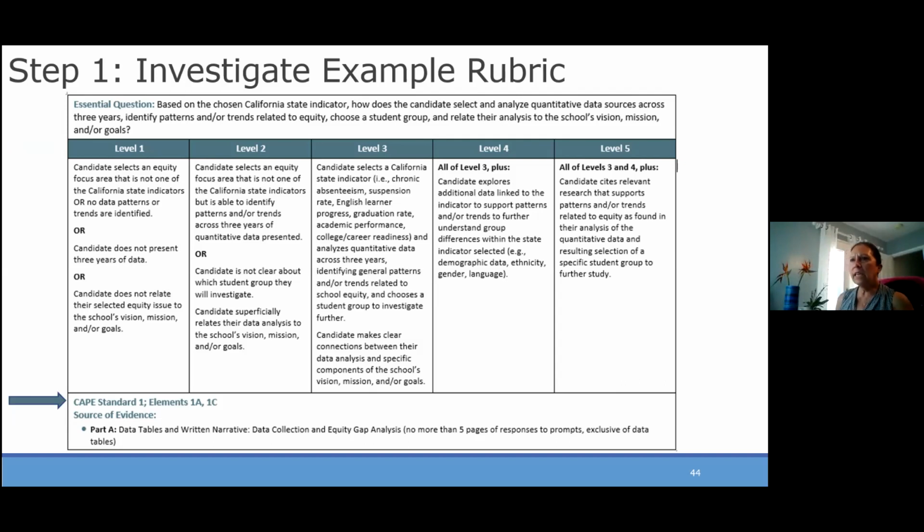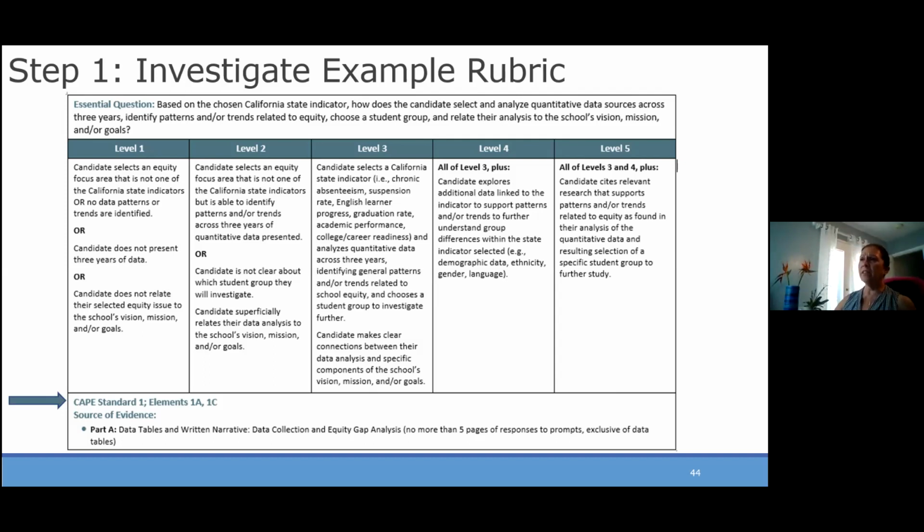The source of evidence for this rubric is Part A, data tables and written narrative, data collection and equity gap analysis. Also included is how many pages of text we can have for the response.